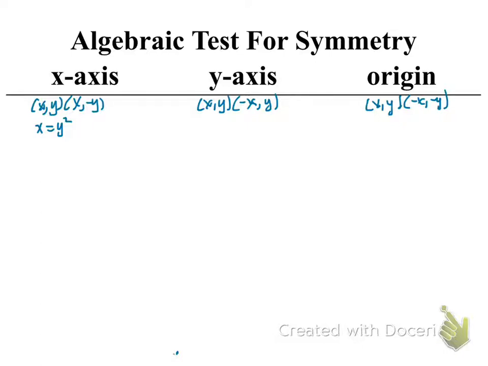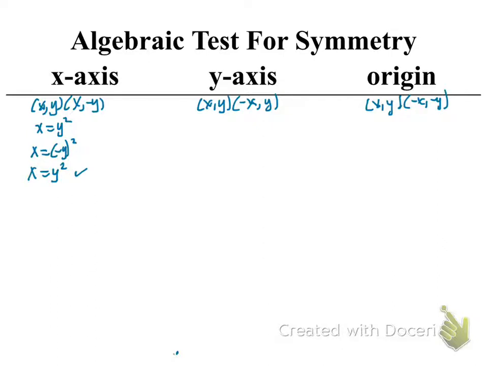So if I change this and make it x equals negative y squared, will I get the same thing? Will it come back to x equals y squared? Well, anytime I multiply a negative times a negative, I get a positive, right? So I'm right back to y squared. So this one does work for the x-axis.